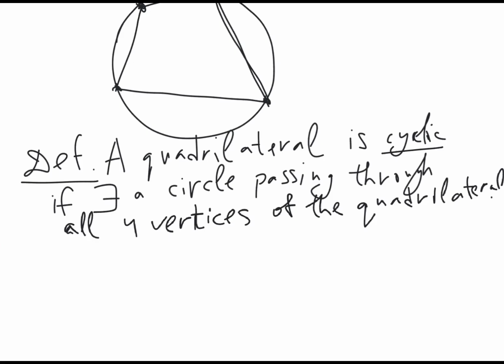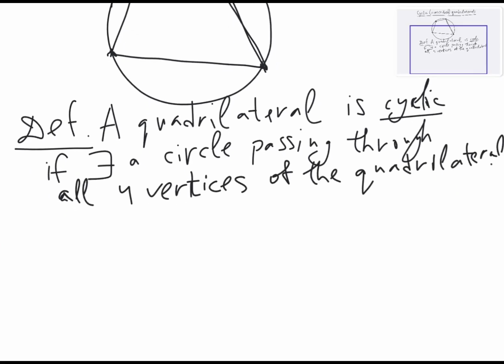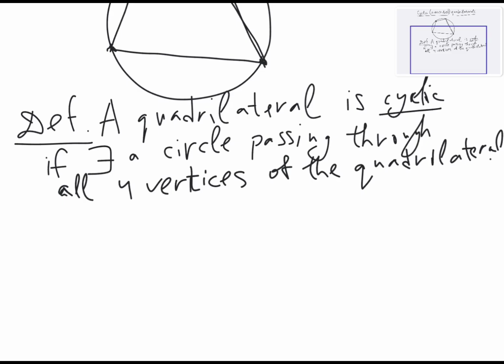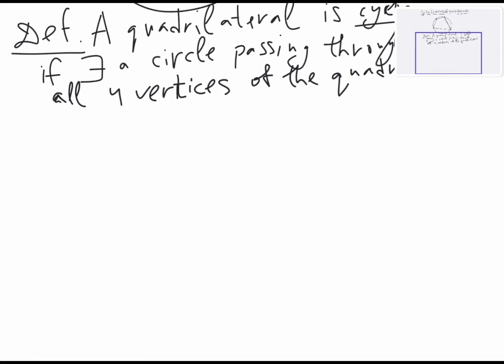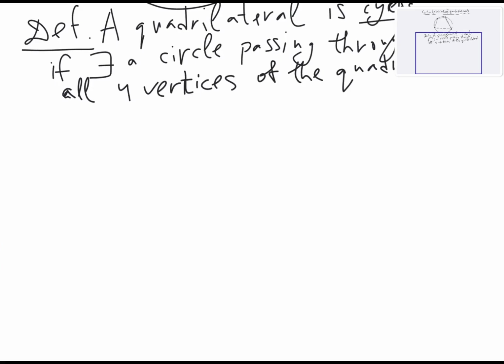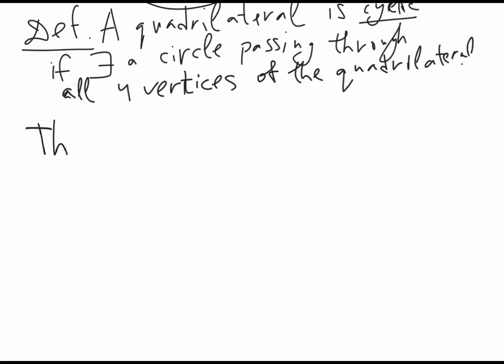So there are several criteria for how to establish if a quadrilateral is cyclic. The first one is that the sum of the opposite angles in the quadrilateral is equal to 180 degrees.